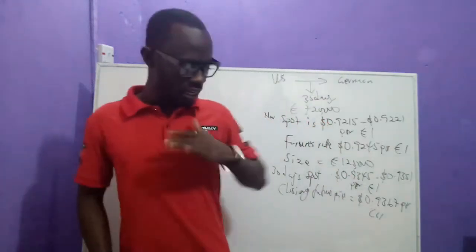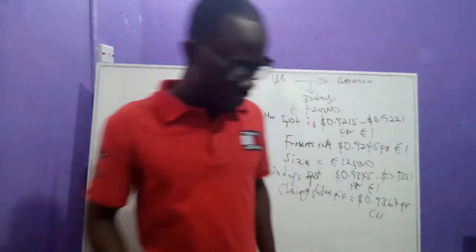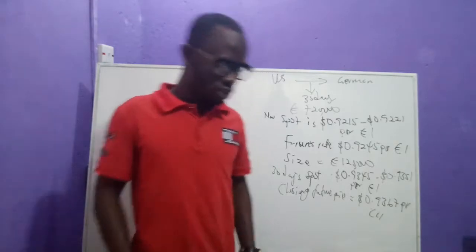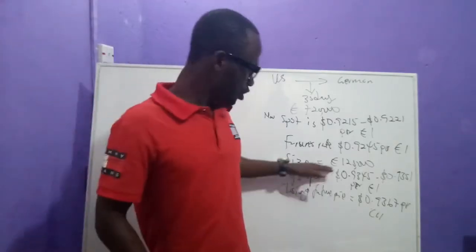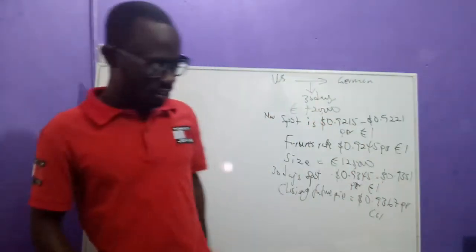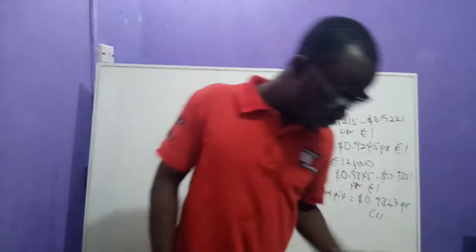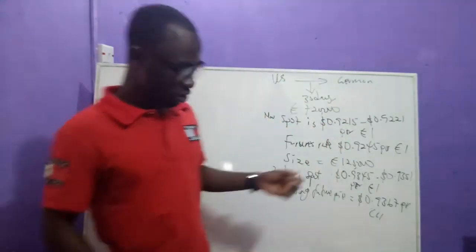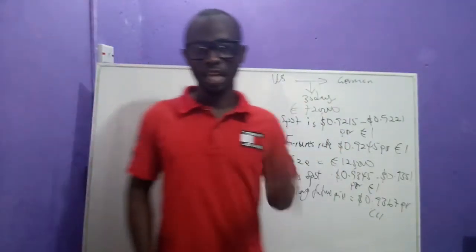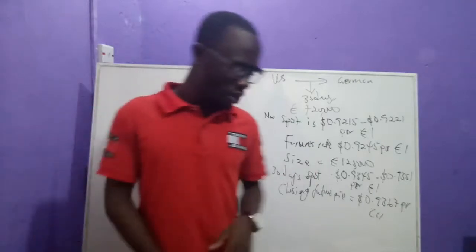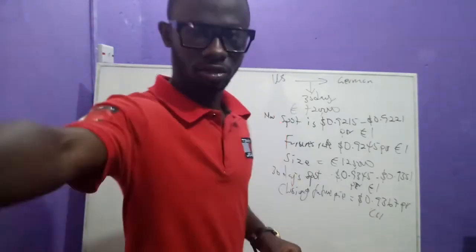The standard size of a 3-month euro futures is 125,000 euros, and in 30 days' time the spot rate is going to be this, and the closing futures price will also be this. The examiner is asking us to evaluate the hedge.